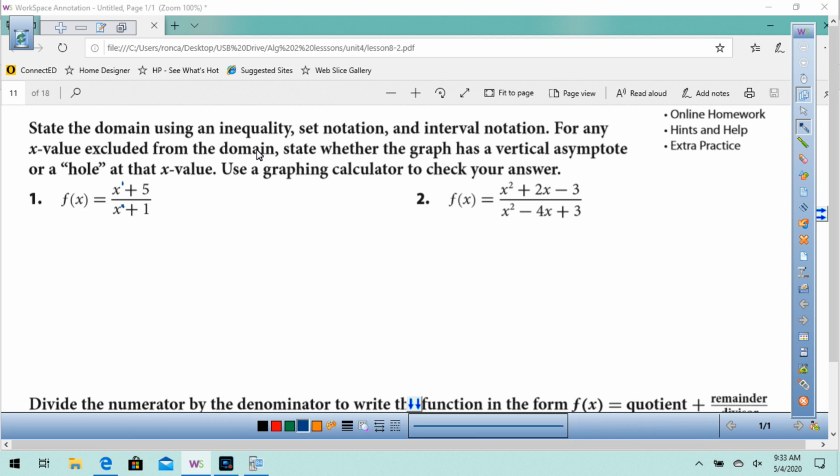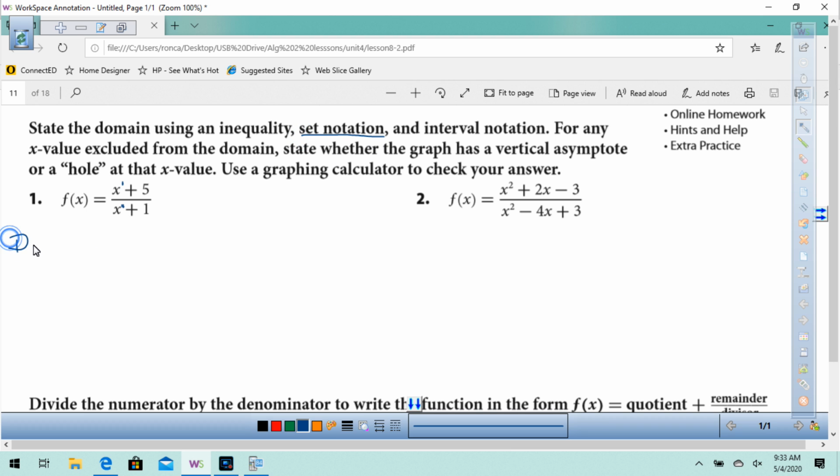We're going to say the domain as an inequality: x is less than -1 and x is greater than -1. Not or equal to, so that covers all numbers except for -1.